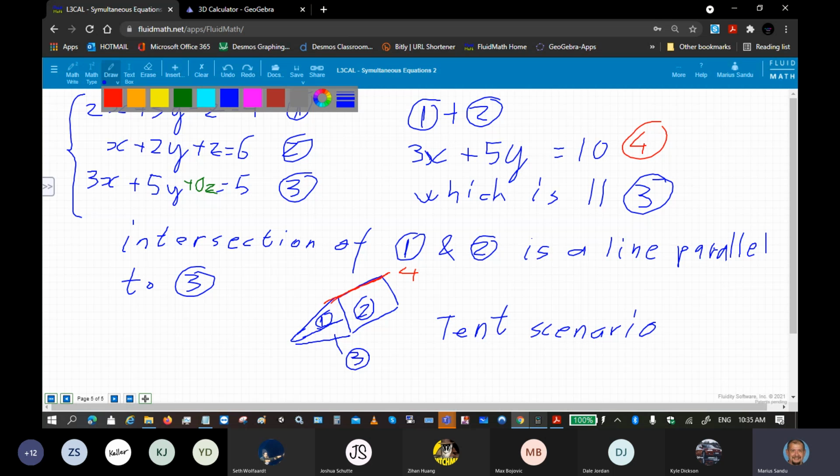Tenth scenario, no points of intersection.